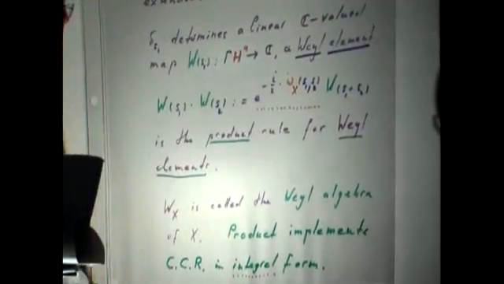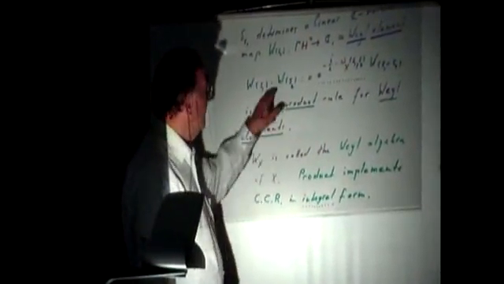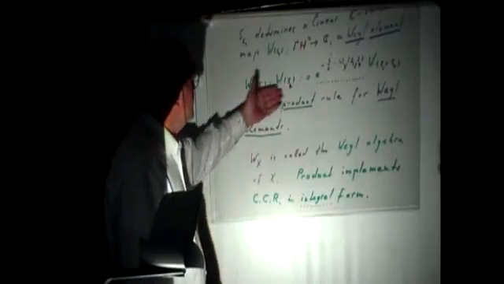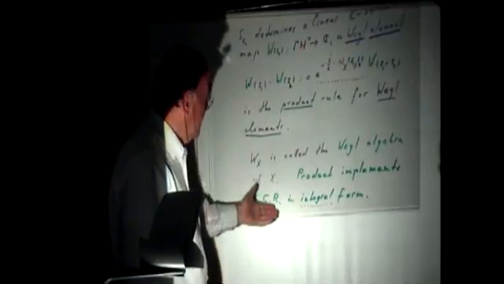You perturb it by this phase factor, and that's then a new product. And of course, this thing here eventually will give me the Weil algebra. And the canonical commutation relations are hidden in this Weil product, namely in integral form.